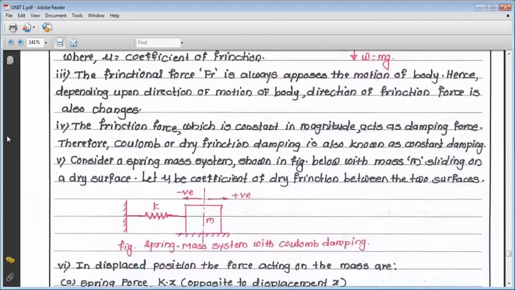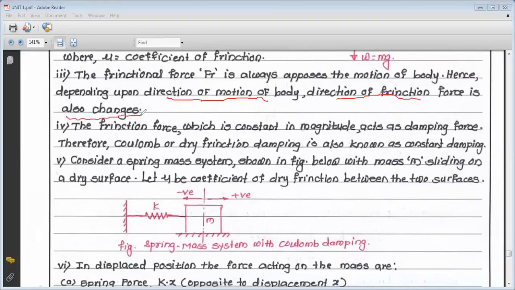Depending upon the direction of motion of the body, that is nothing but the velocity, the direction of frictional force also changes.